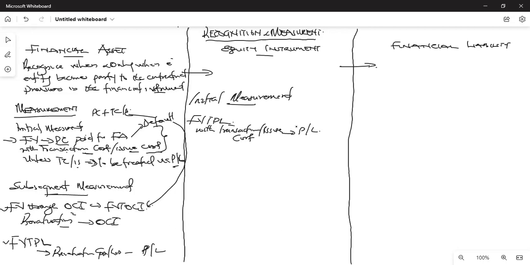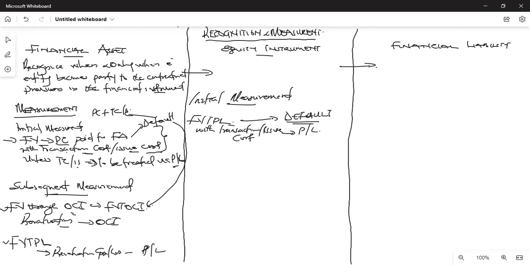It means that the transaction cost will not be included. And this is the default. Unless the question tells you otherwise, this is the default that you have to go by. You have to treat the transaction cost as P&L.